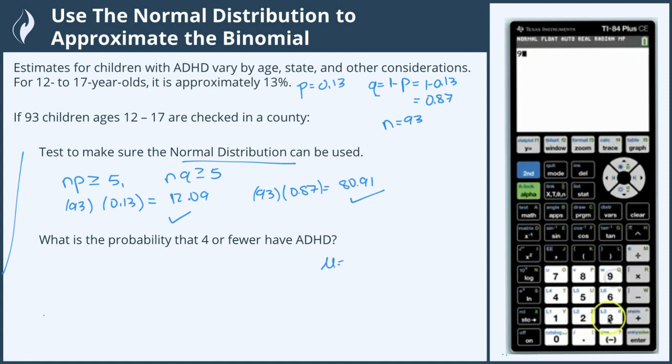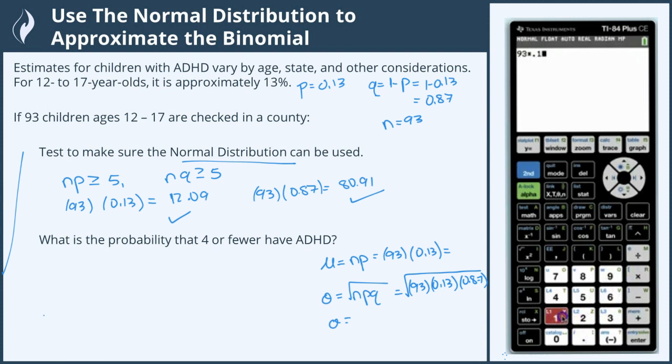Whenever you're finding the mean of a binomial situation, it's N times P. And the standard deviation of a binomial situation is always the square root of N times P times Q. So N times P is 93 times 0.13, and we want the square root of 93 times 0.13 times 0.87. Let's see what those values are, because we need those for our calculations.